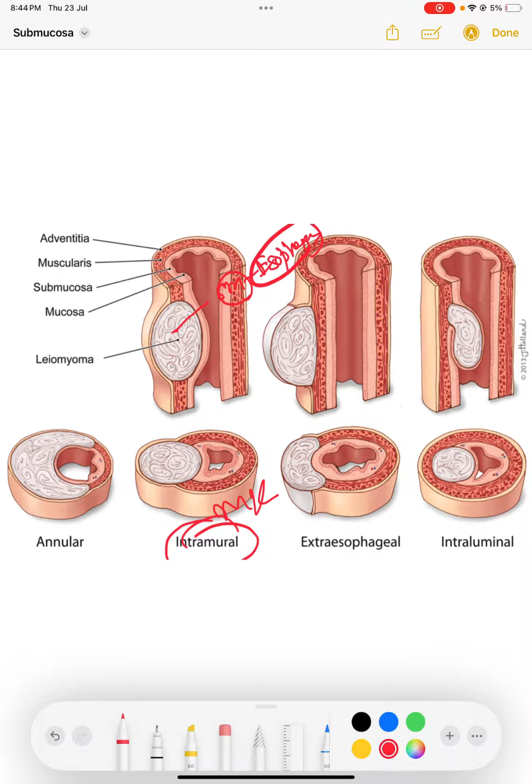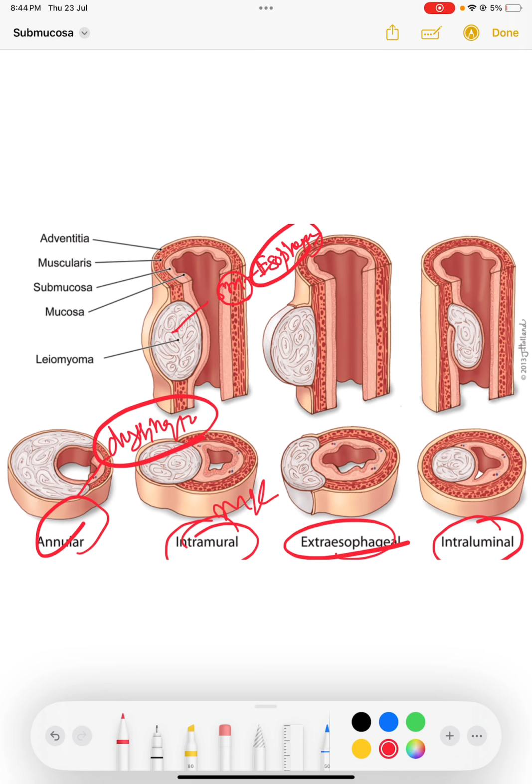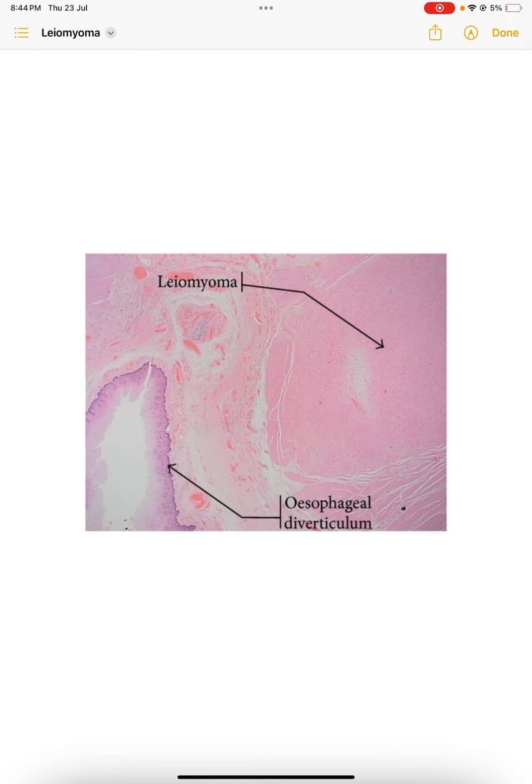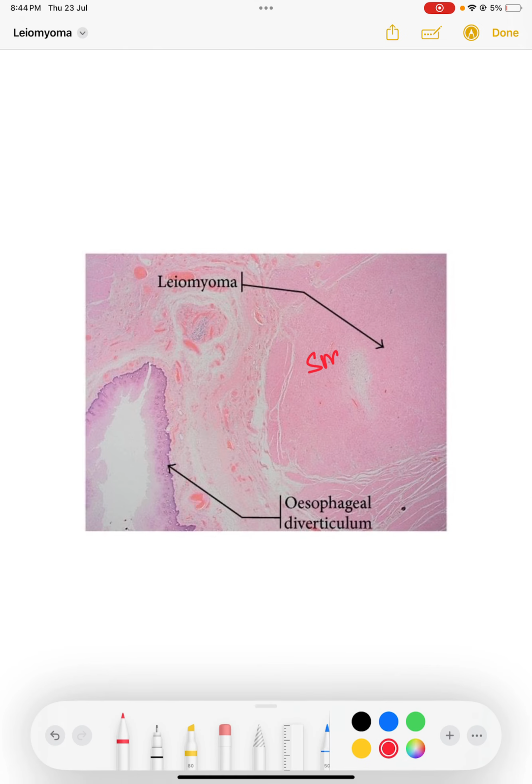It could be sometimes luminal, sometimes extra esophageal, and if it is annular, it is going to cause your dysphagia. Since it is arising from the smooth muscle, what would you expect on the histology? It is positive for SMA and desmin, right?